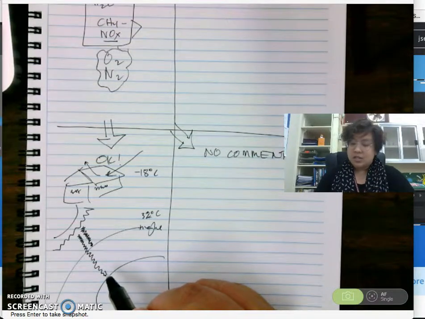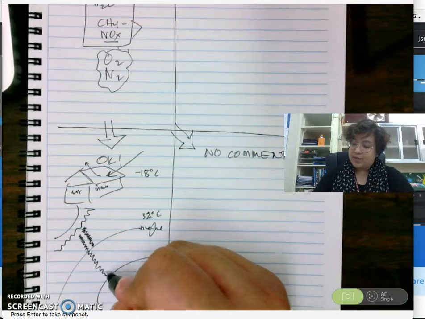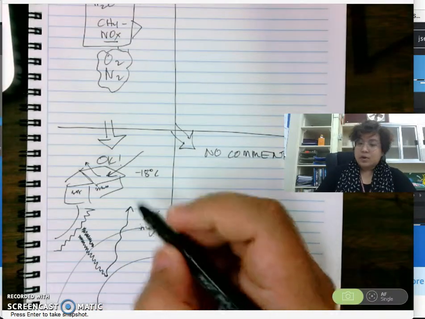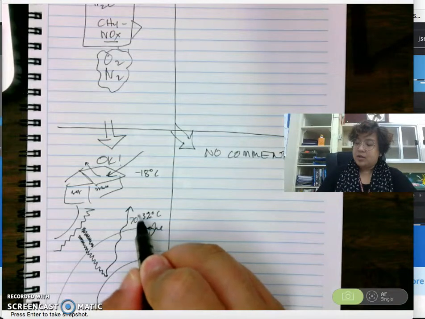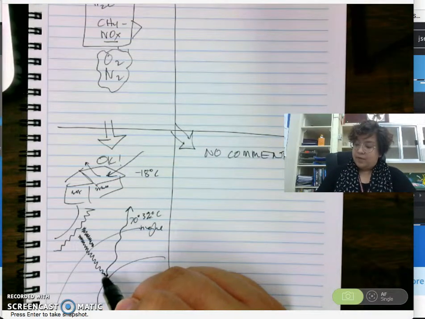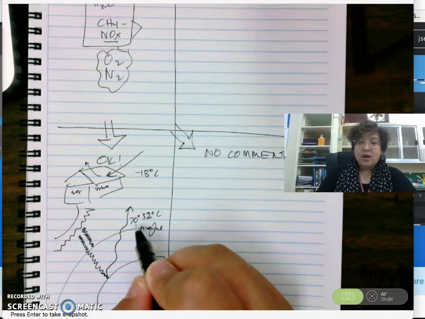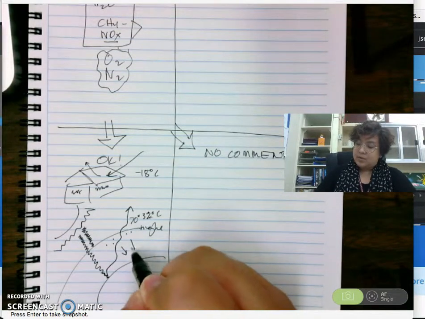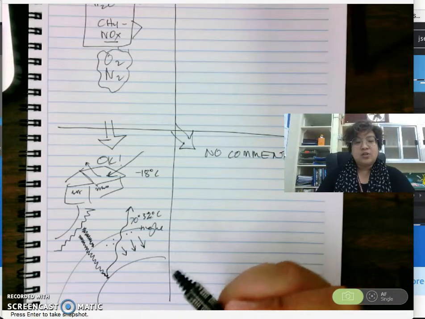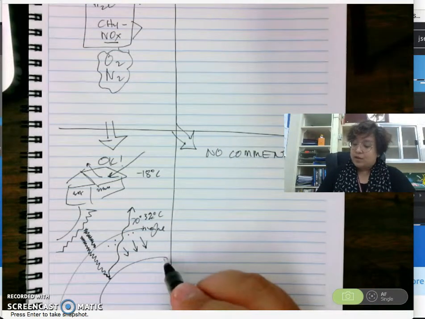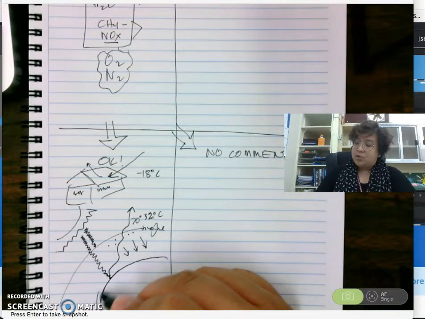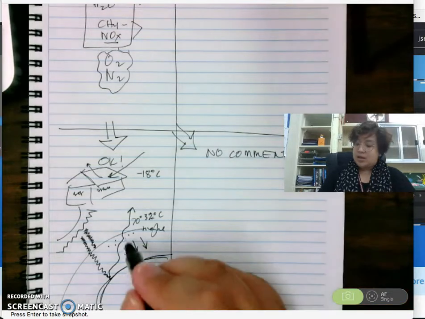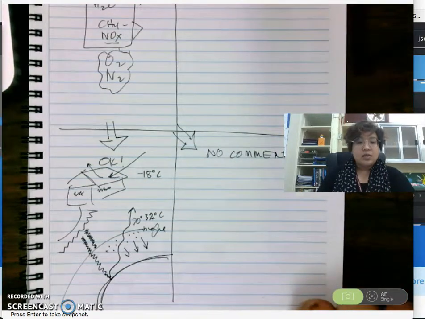And once it reaches the Earth's surface, it's reflected back. About 70% of the radiation reflected back is absorbed by your greenhouse gases, which re-emit that radiation back to the surface of the Earth, and therefore warm the surface of the Earth. Right, we have a warming effect thanks to our greenhouse gases.